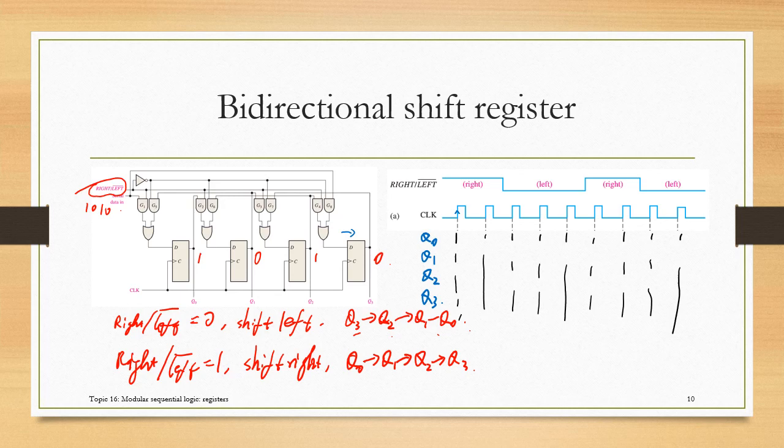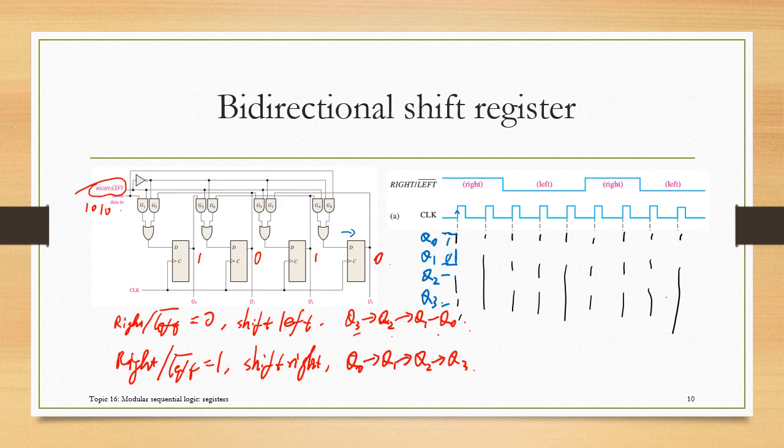Initially we got 1 0 1 0, right? First shift to the right. So the data for Q0 at this edge will shift to Q1. Q0 is 1, so Q1 will become 1. Or let's put a value, maybe easier.